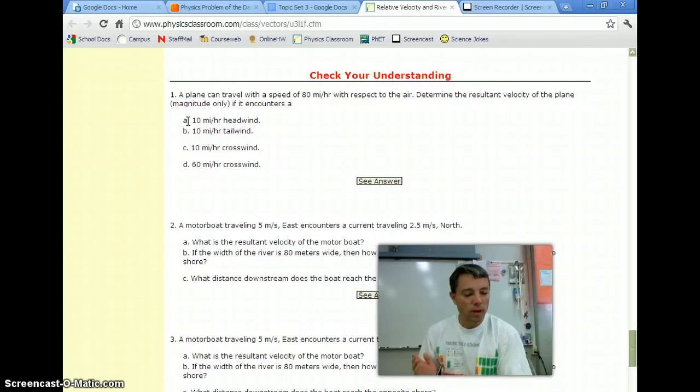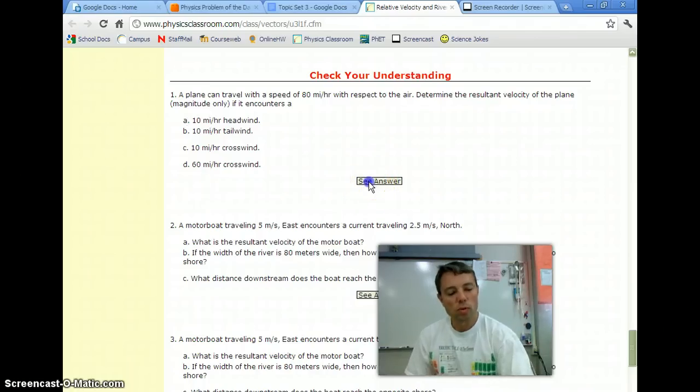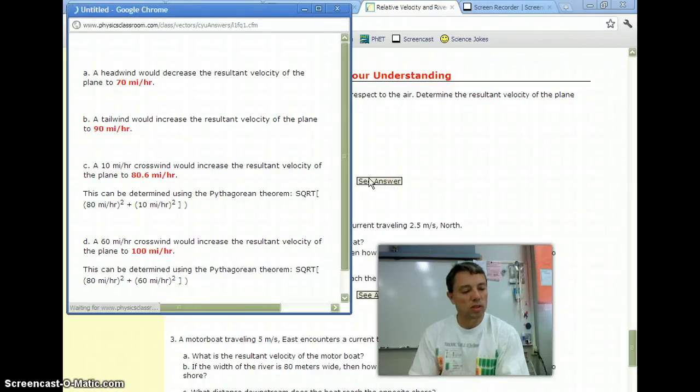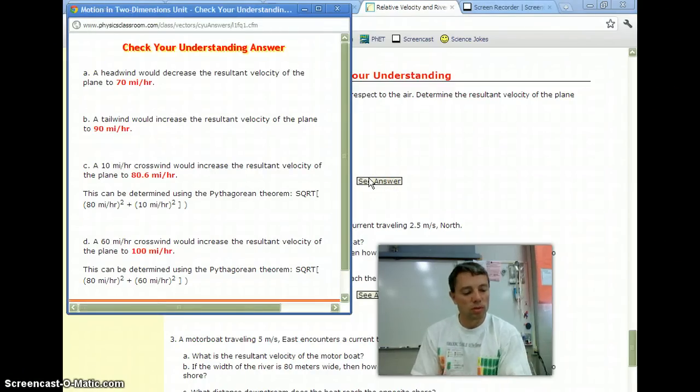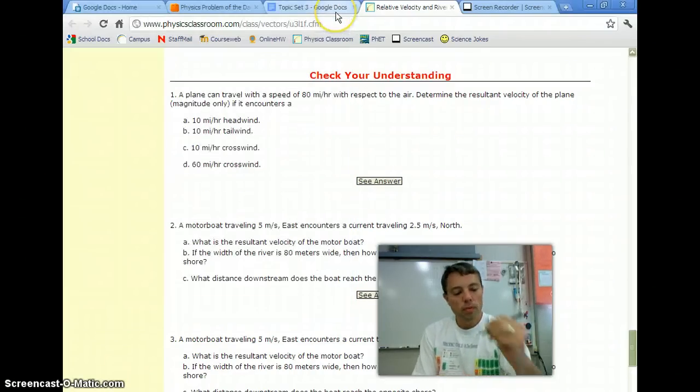But if we have a tailwind, all of a sudden it's pushing us, and so then we'd end up at 90 miles per hour. But then if we have crosswinds, that's where we actually go through. And the nice thing is once we try these, we can see what our answers would be, and it talks about how we would do these using the things they show on this page. So that is again the end of our topics for 2D motion.